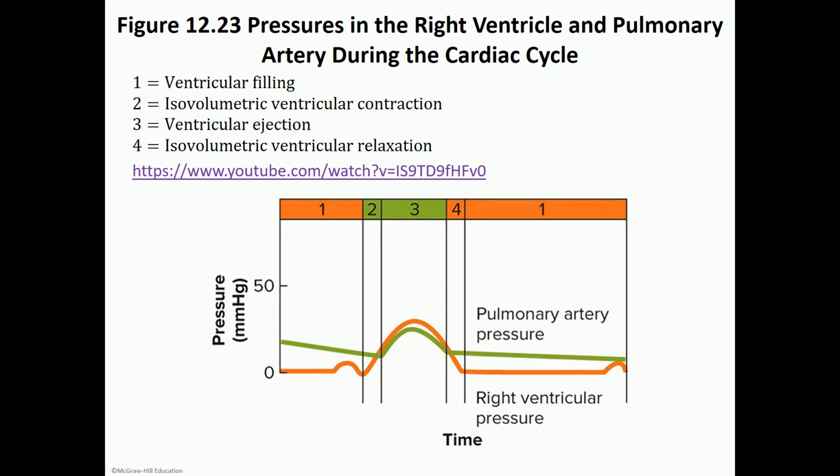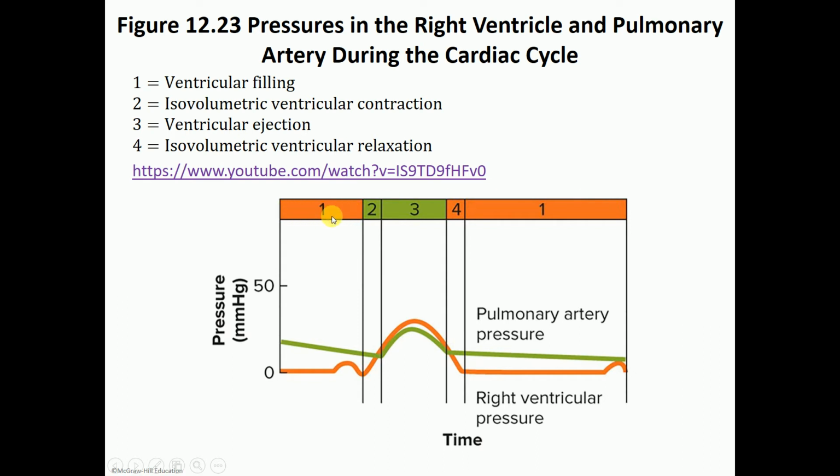Now, knowing the different phases of the cardiac cycle, we are going to go over the pressure changes that happen in the right ventricle and what happens in the pulmonary arterial pressure as well during that cardiac cycle. Let's talk about what these phases are.